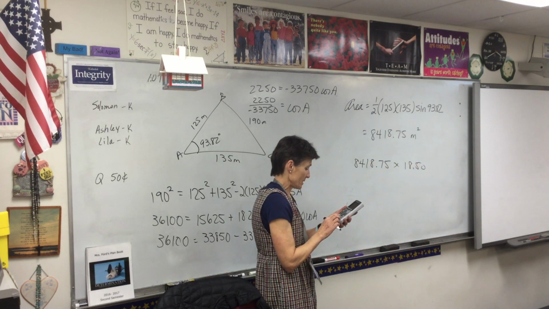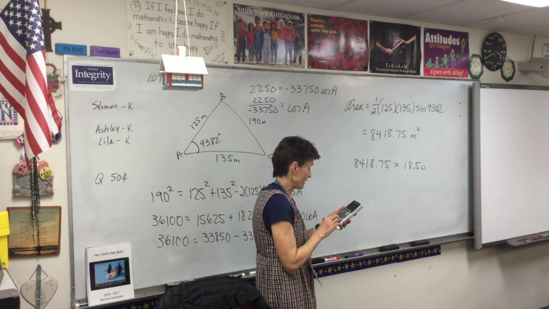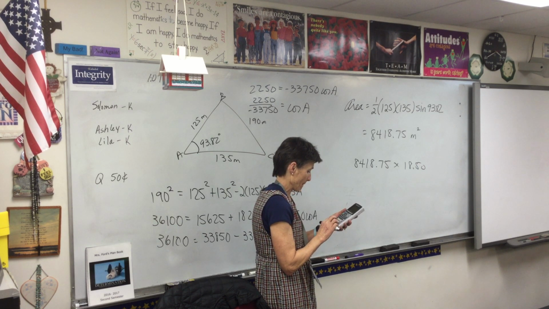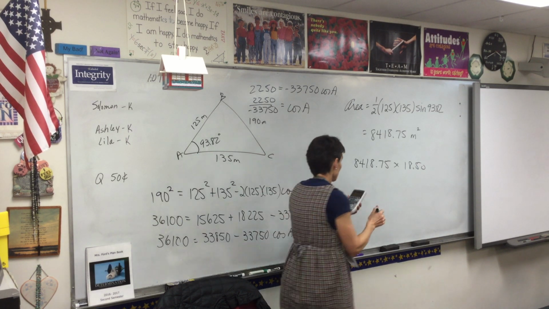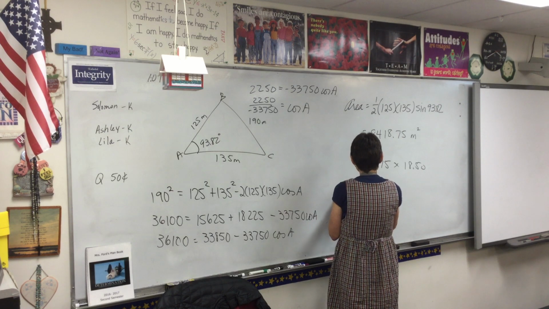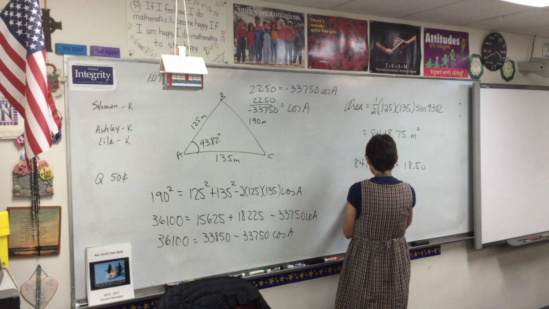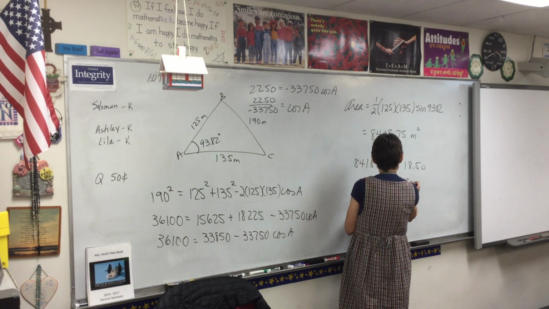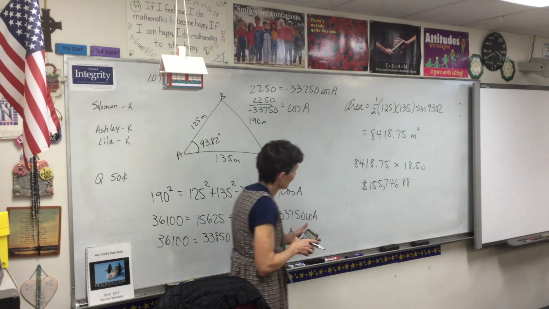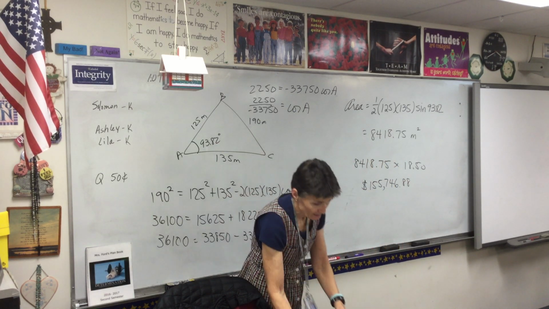And that will be the value of your field. So once again, you're pretty rich, 155,746.88. So $155,746.